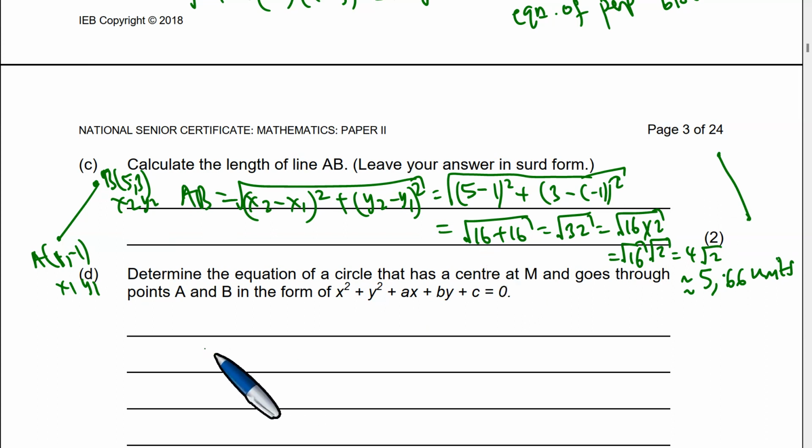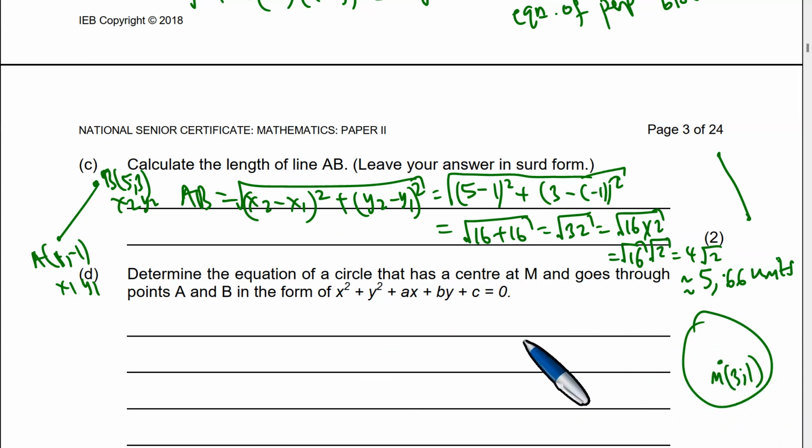Next question. Determine the equation of a circle that has center M and goes through points A and B, in the form that one. Okay, so now in point D, you need to realize that here's a circle. It has center M. M has the coordinates 3 and 1. We saw that, right?